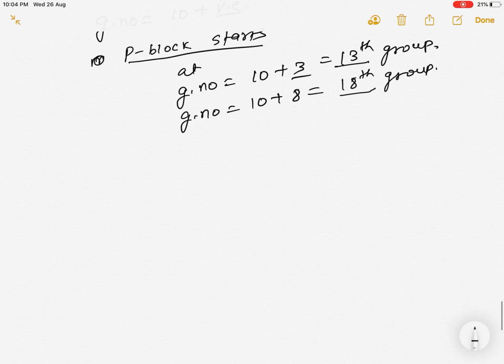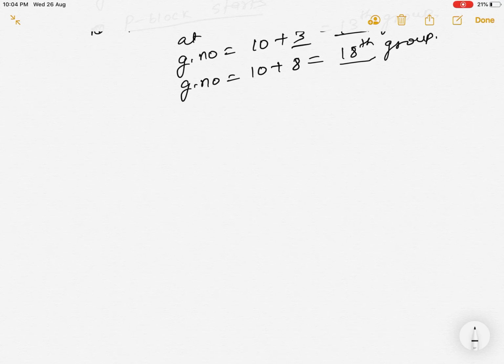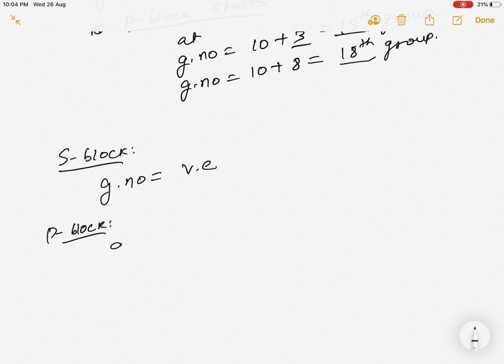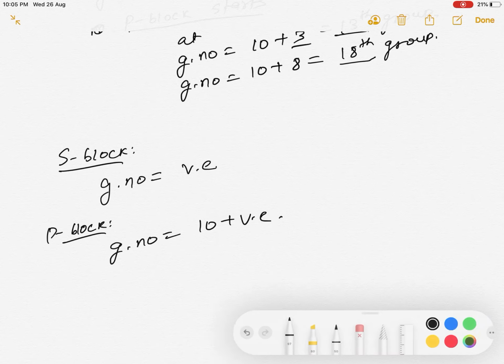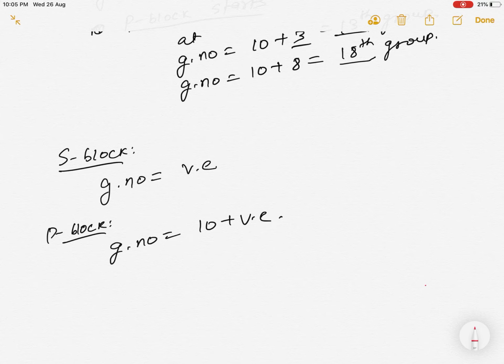One more thing to notice over here is that for s block elements, we have seen that group number equals valence electrons, and for p block we saw that group number equals 10 plus valence electrons. Let's apply basic mathematics over here. Just assume if a certain number of elements have the same number of valence electrons, will they belong to the same group number? Yes.